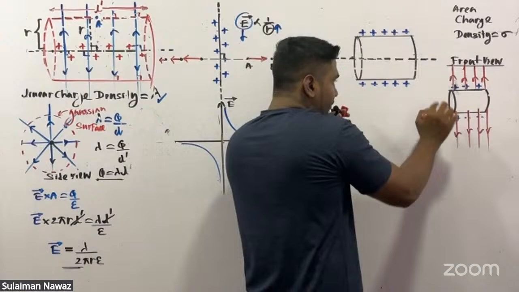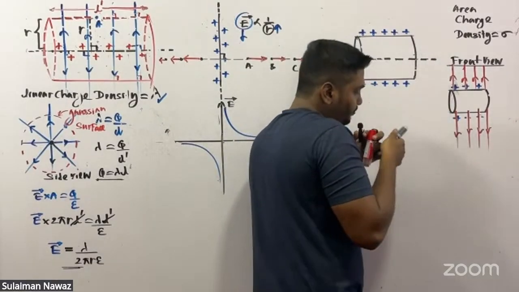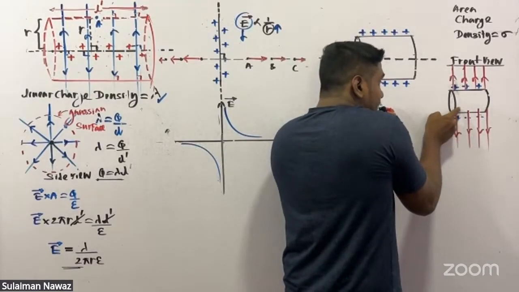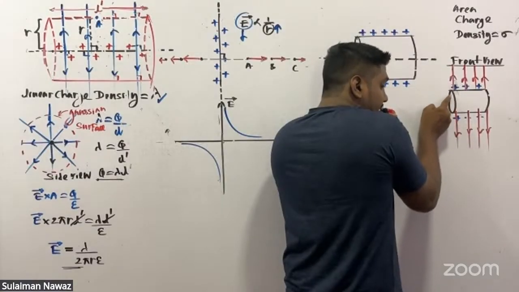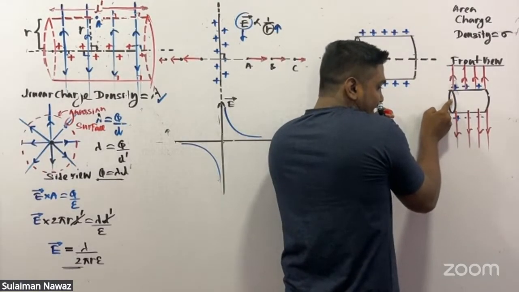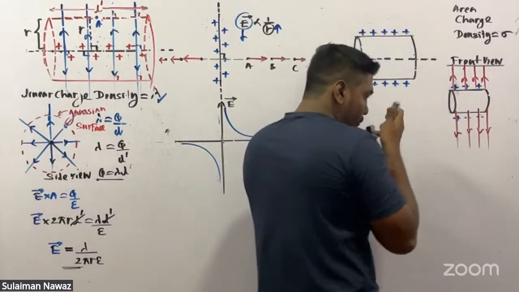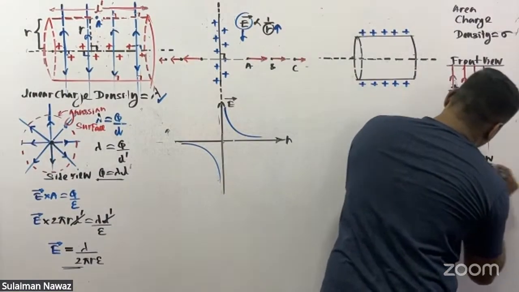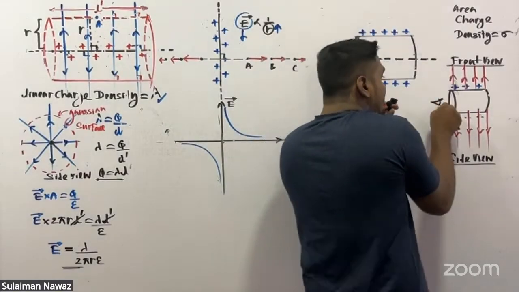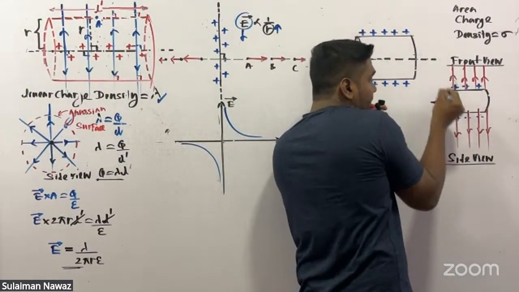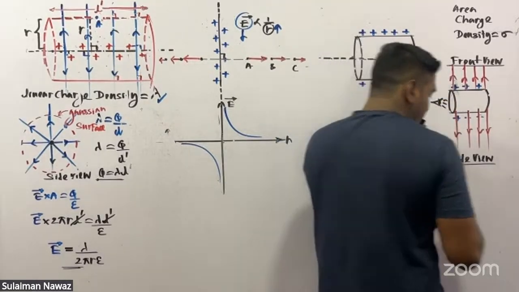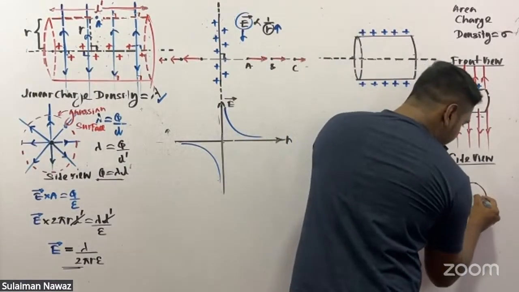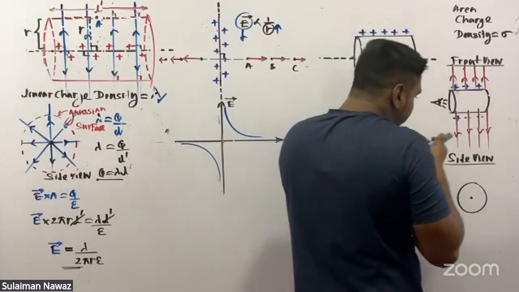If I do the side view, looking from the side, we know that since it's a conductor, electric field lines won't exist inside the conductor. When you're looking from the side, you can see the hollow conductive cylinder as a circular shape. Electric field lines are leaving perpendicular to it.